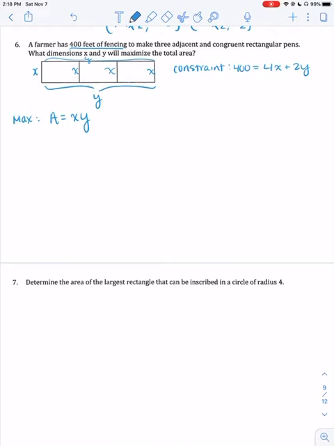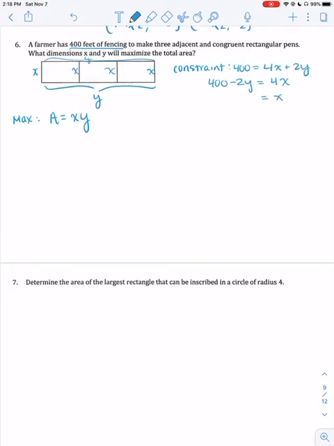Okay, so then from here, hopefully you know the process. You want to isolate one of those variables, x or y, and then substitute it into your optimization function. So I'm going to isolate the x. So we're going to get 400 minus 2y equals 4x, and then divide by 4.